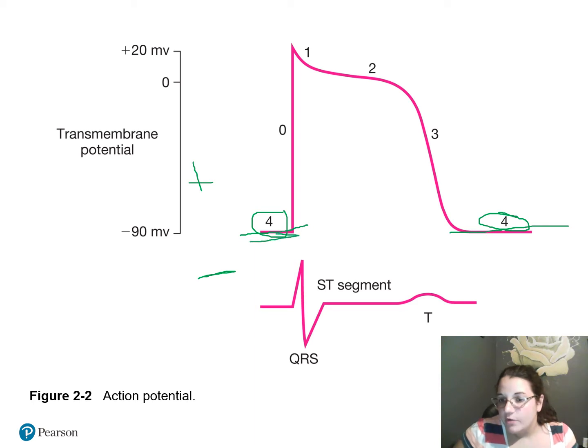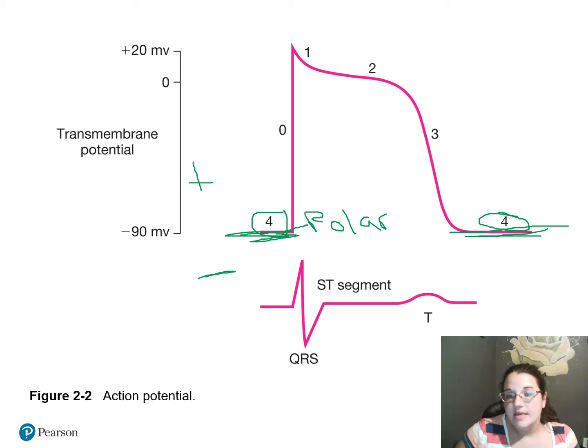My phase 4, is there anything happening here? Am I more positive than negative or more negative than positive? I'm neither. I'm neutral, which means I am polarized. There is nothing going on.